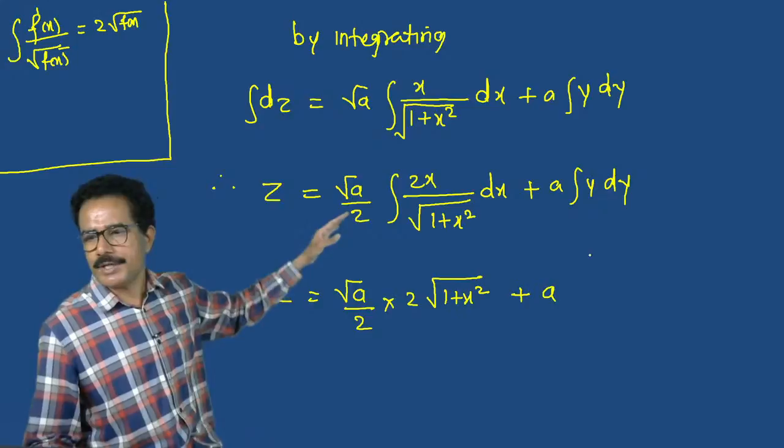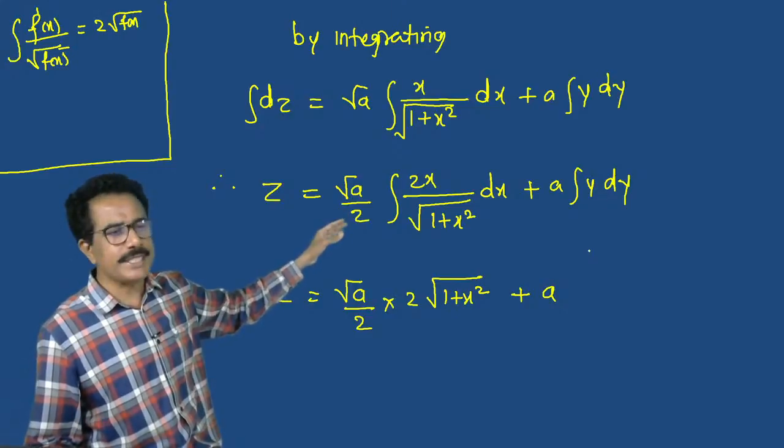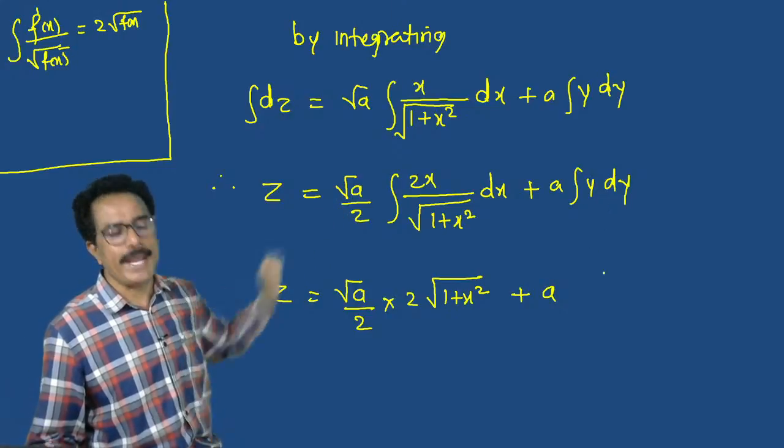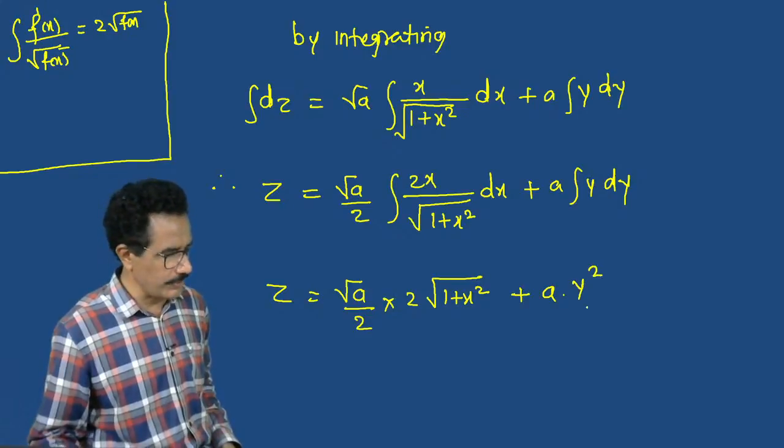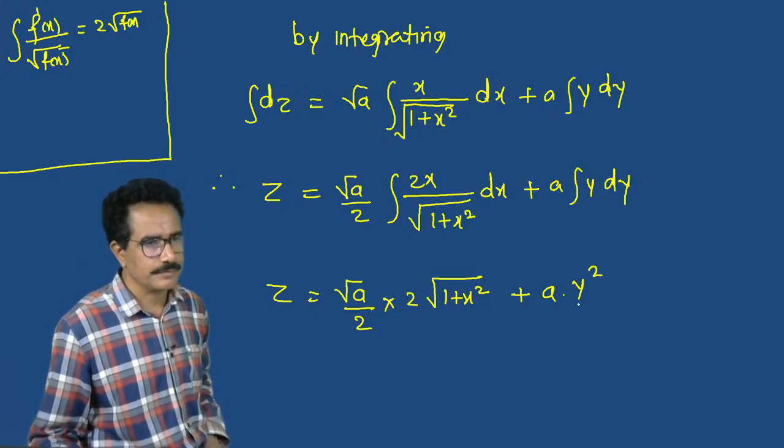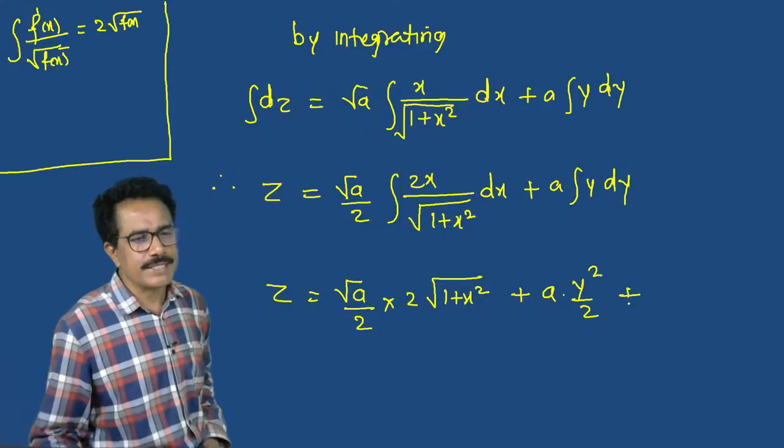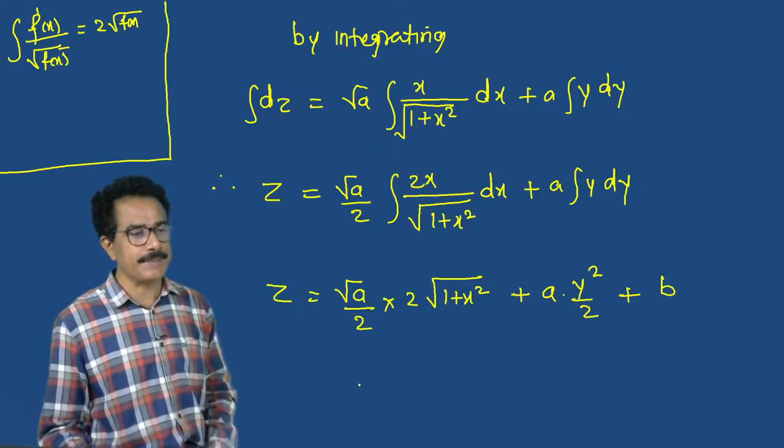What is the integration of y? It will be y square by 2 plus the constant of integration, that is b.